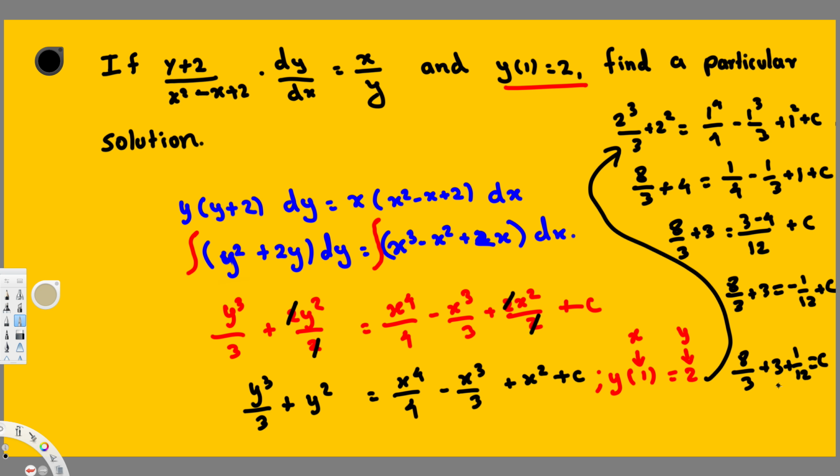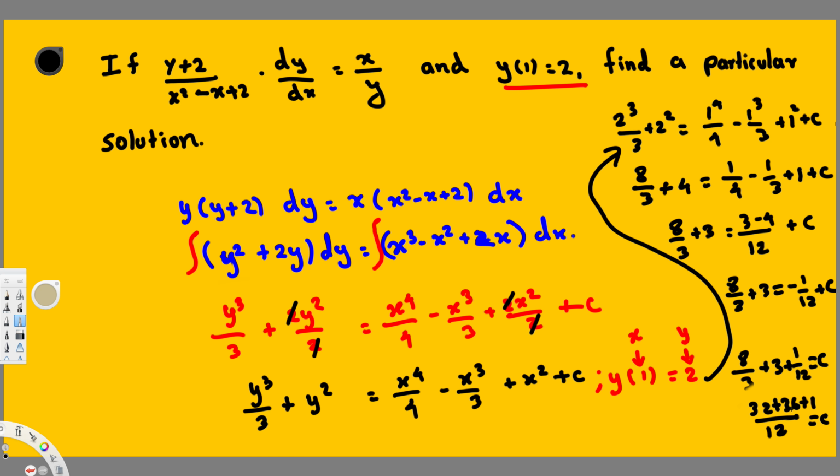Now here we can take 12 as our common denominator. If I take 12 as my common denominator, 8 over 3 is going to be multiplied by 4, so 8 times 4 is 32. And 3 times 12 is going to be 36, and this 1 remains right here, and that is equal to c.